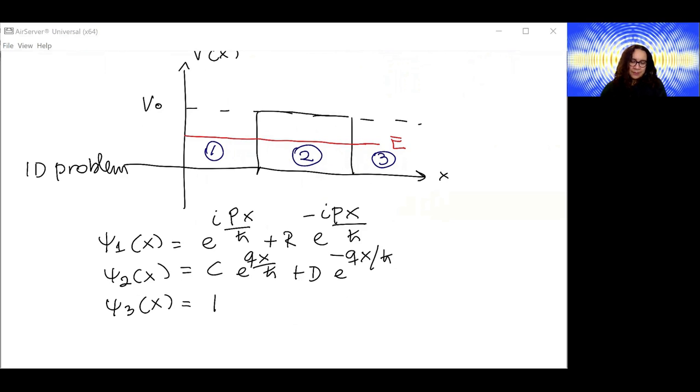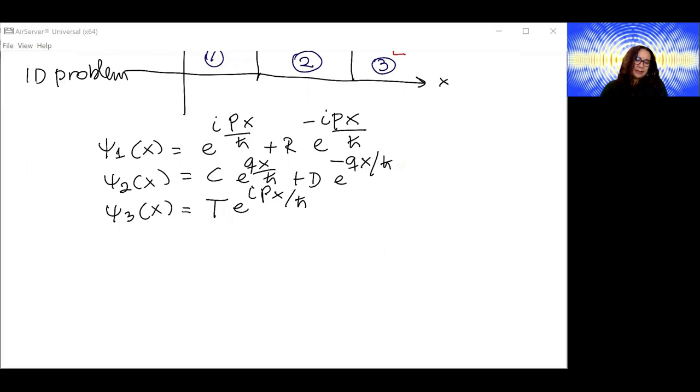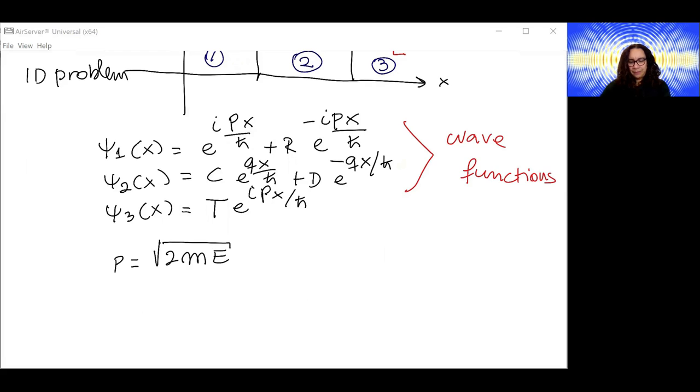So we're going to have the transmitted wave e^(ipx/ħ). So these are your wave functions. And just to remind you, p is the momentum of the particle, so it's the square root of 2mE, and q is the square root of 2m(V0 minus E), both real in this case as defined.